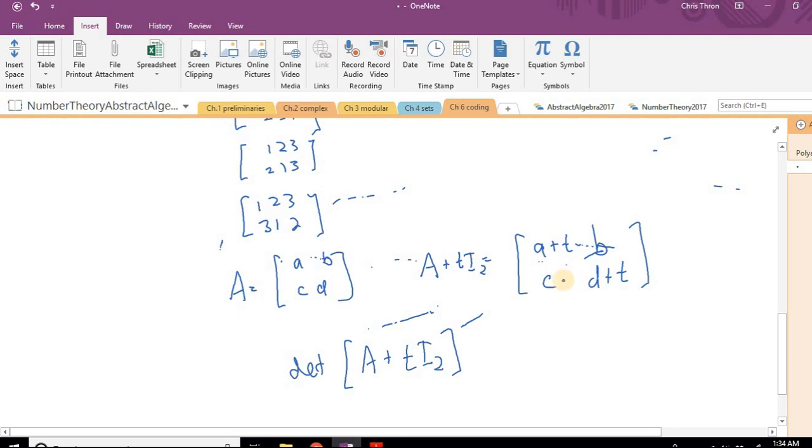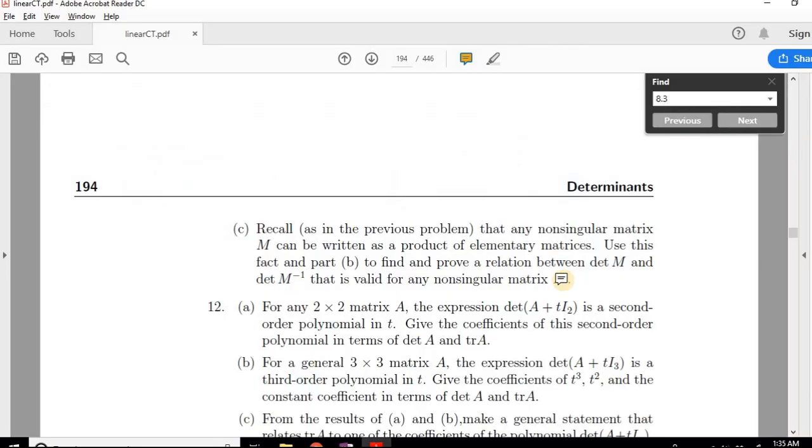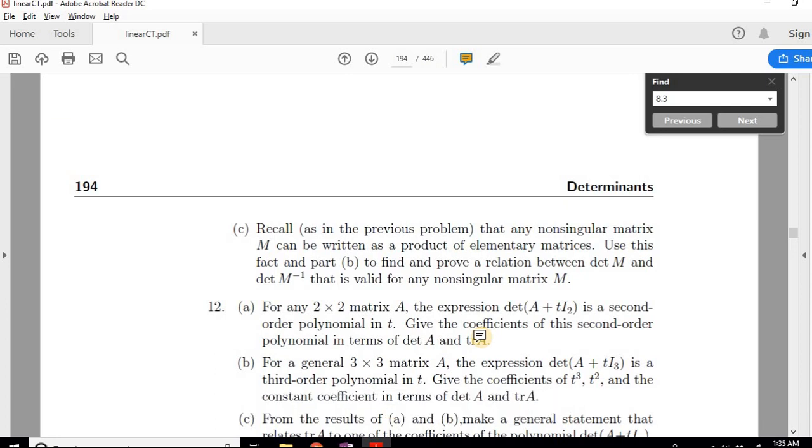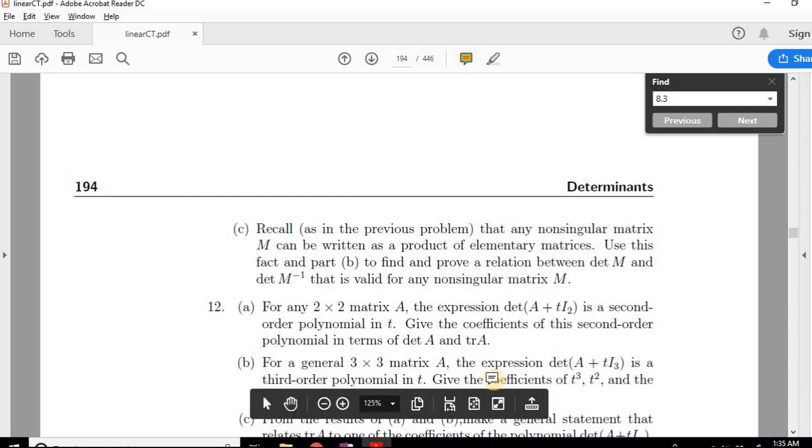And then what you're supposed to do in the problem is figure out how you express the coefficients of that polynomial in terms of the determinant and the trace of A. If you remember what the trace of A is, it's the sum of diagonal entries. So this is for 2 by 2, and then part B you do 3 by 3.